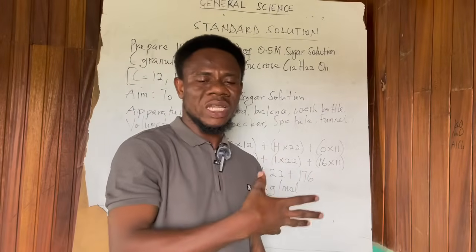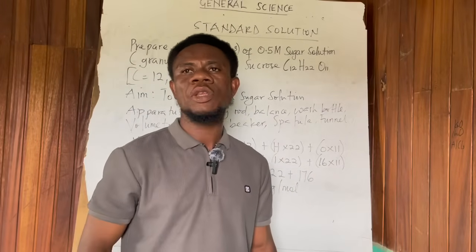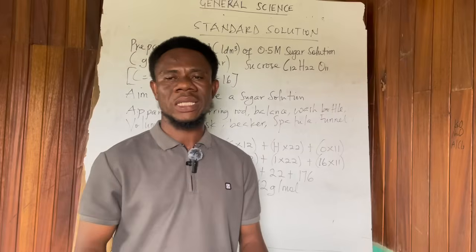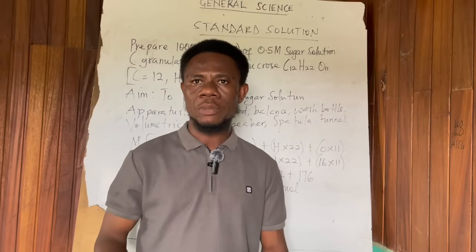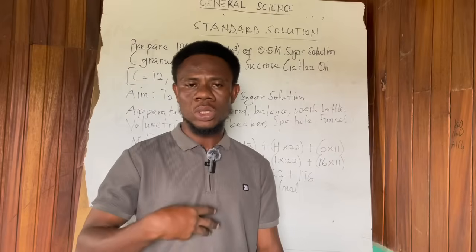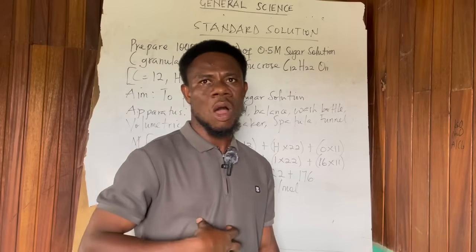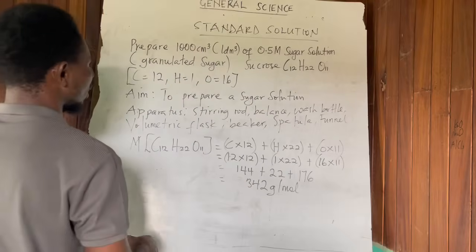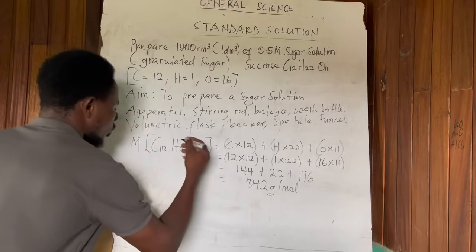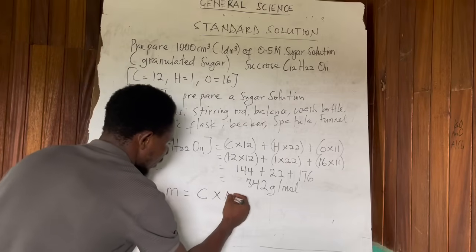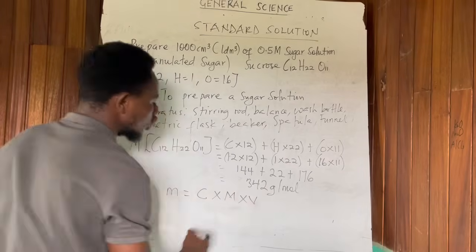When I calculate my mass, I may have 20 grams or 30 grams of the sucrose, which means I'm going to weigh 20 grams of my sucrose and use it in the preparation. So now, don't forget, M is equal to concentration times molar mass times volume.